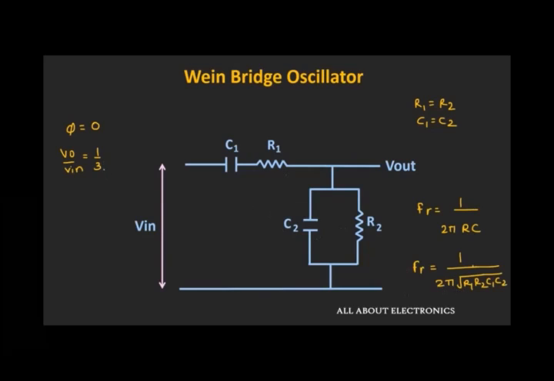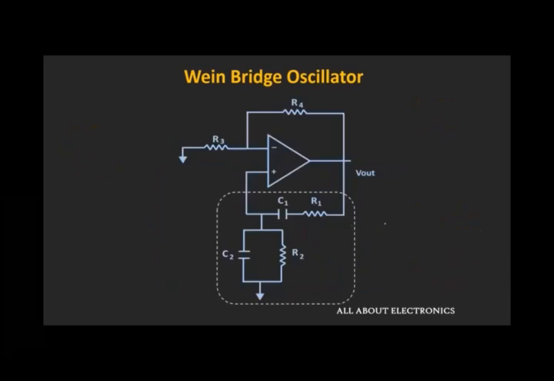And here the ratio of output by input is also known as the feedback fraction. So here we have a feedback fraction beta equal to 1 by 3, and to get sustained oscillations, the A beta of this oscillator should be equal to 1. So in a way we can say that the gain of this amplifier should be equal to 3.